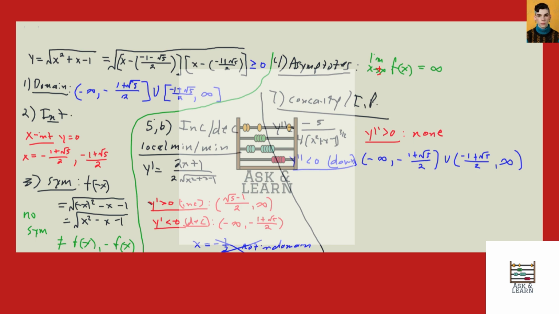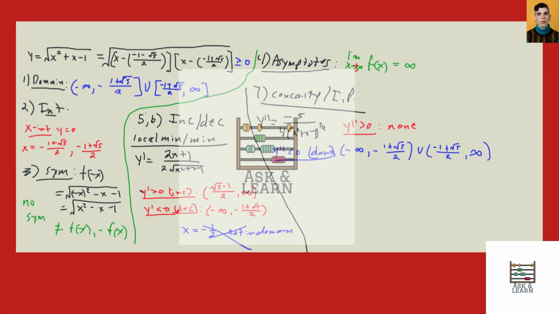All right, now that we've plotted all this information, we can go ahead and actually start sketching our graph. To start off, we have our two intercepts here and here, this one being (-1 minus the square root of 5) over 2, and the other one being (-1 plus the square root of 5) over 2.